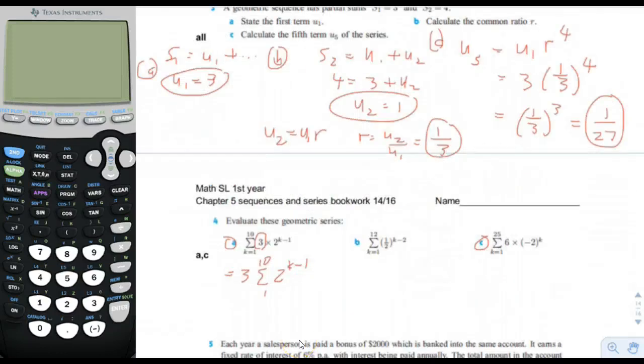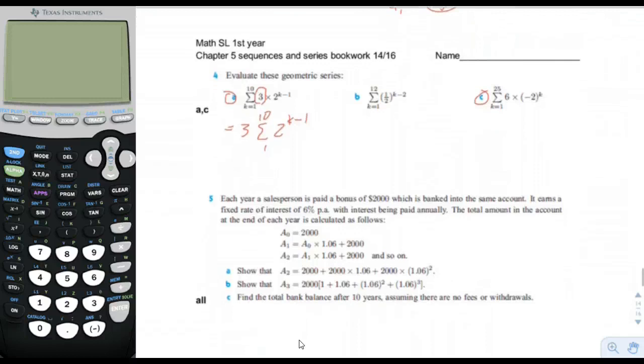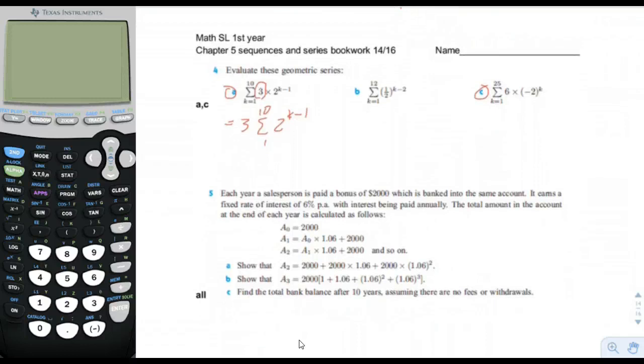Actually, I think we don't need to use the calculator for this. What we could do is we could use the formula. So we'll have equals to 3, and then we'll put the result of the formula in here. The formula, remember, is u1 times 1 minus r to the n divided by 1 minus r. So for u1, remember, we're just looking at this part here.